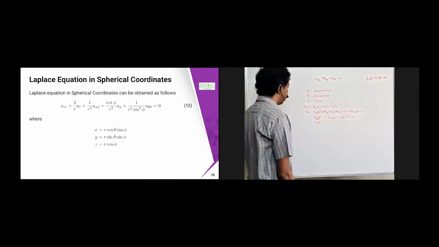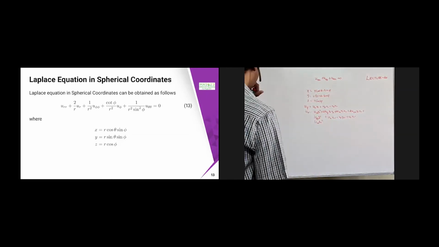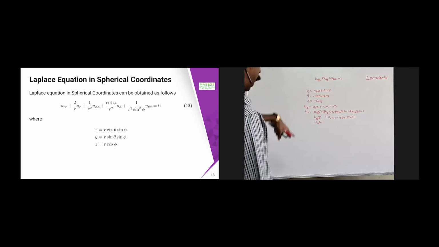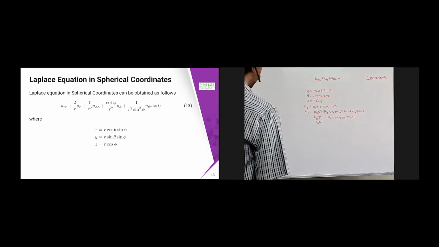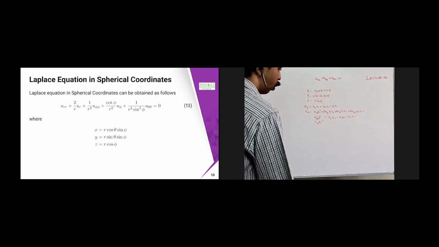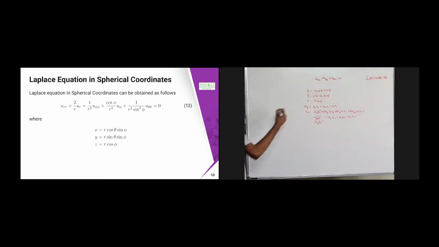In the same way, you can do the same thing for theta and phi. If you simplify that, you are going to get this equation. After simplification, you can refer to my detailed notes.